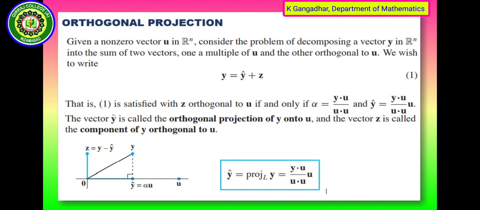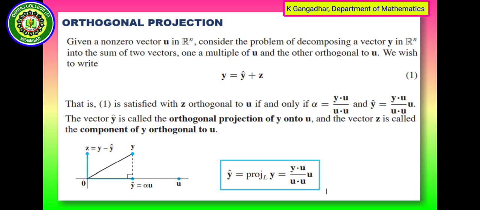Here u is one vector in R to the power n and y is another vector in R to the power n. Then y dot u by u dot u into u is called the orthogonal projection of y onto u.